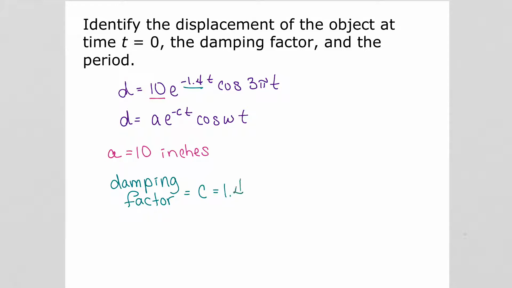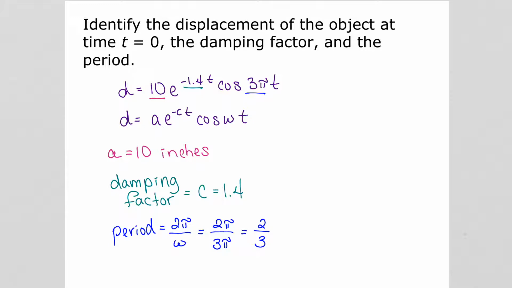We don't need the negative with it because the negative stays anyway. And last, it asks for our period. The period is 2 pi over omega, and omega is 3 pi. So the period is 2/3. Now we've looked at an example of how to pick out each factor here.